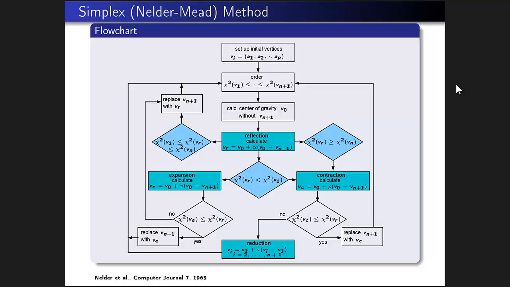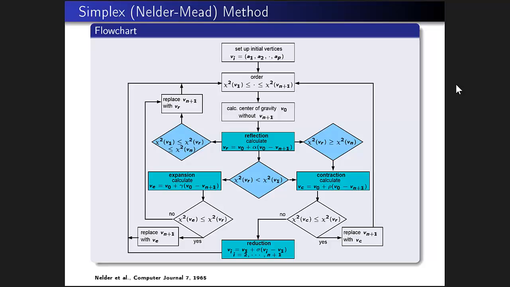There's a parameter alpha here that's used in which you reflect this triangle. That allows you to determine another vertex over here, and you determine what the chi-squared is at that reflection point.